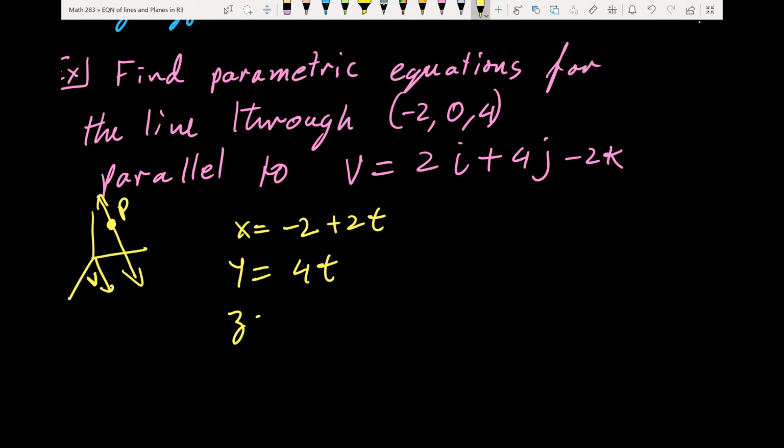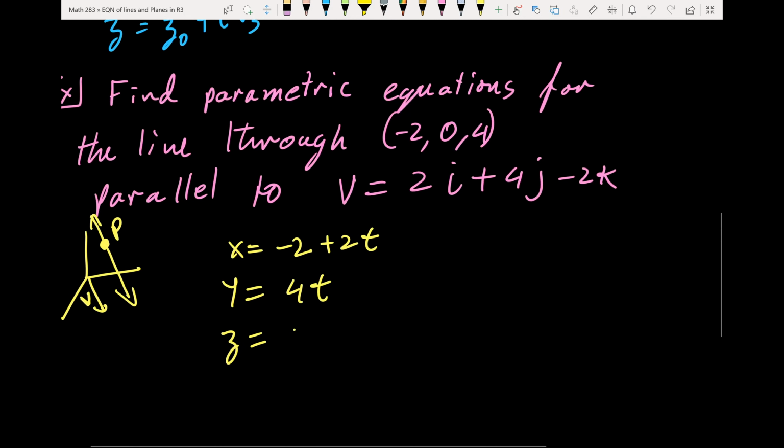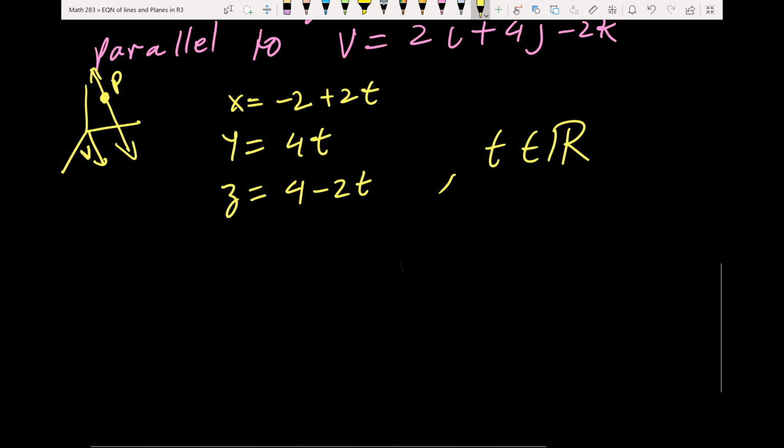And z is going to be 4 minus 2t, where t is an element of all real numbers.